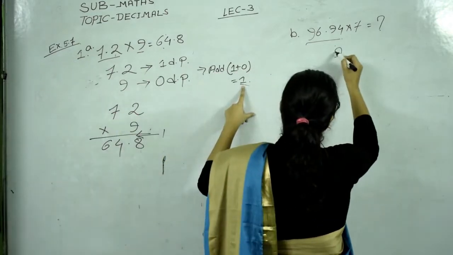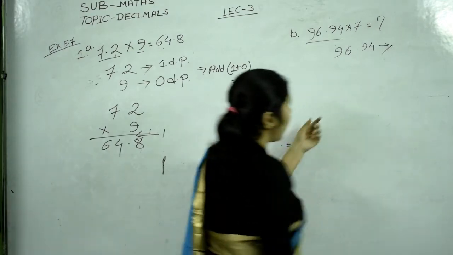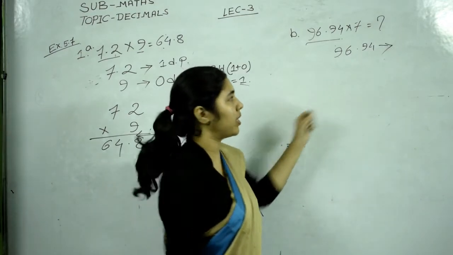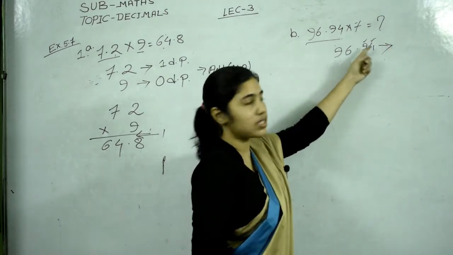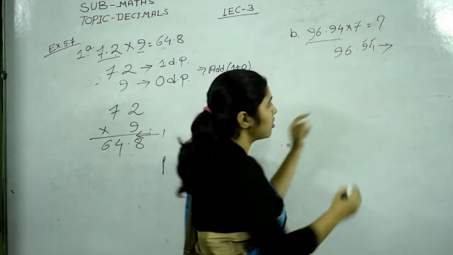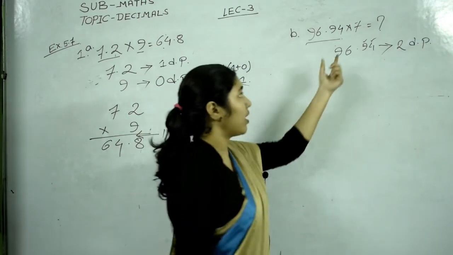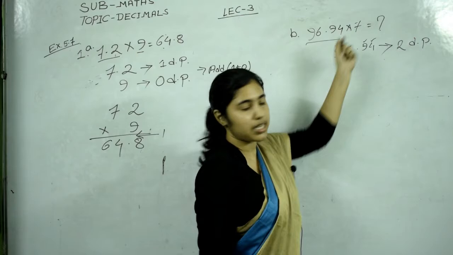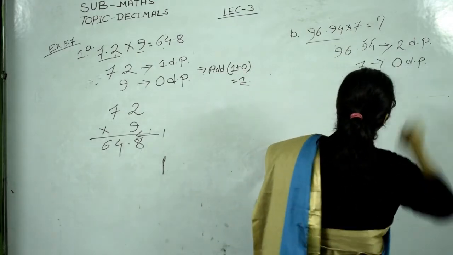Now in this number, 96.94 has 2 decimal places, right? 2 digits, 1, 2: tenths place and hundredths place, which means 2 decimal places. And again the whole number 7 has 0 decimal places.